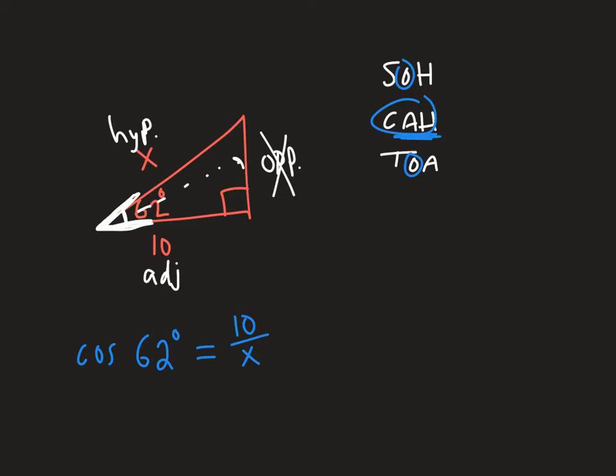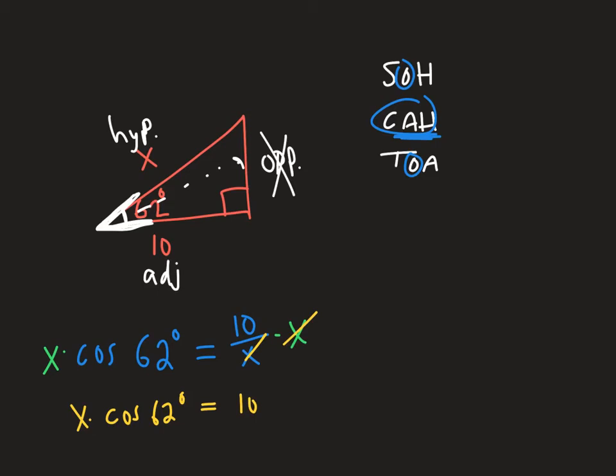Okay, and what we want to do is solve this thing for x. I suggest before you get into the calculator, do your algebra and get x by itself. So what I would do to this equation, since it's 10 divided by x, is multiply both sides by x. And that's going to cancel it out over here. So we will have now x times the cosine of 62 degrees equals 10.